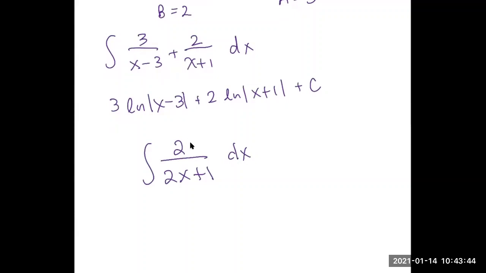Can you go ahead and work it out? What do you think your answer might be? And think, if you took the derivative, is your answer the same as the integrand?